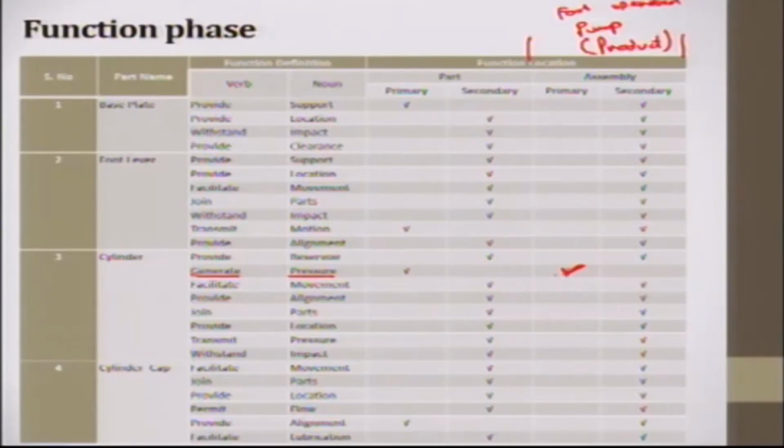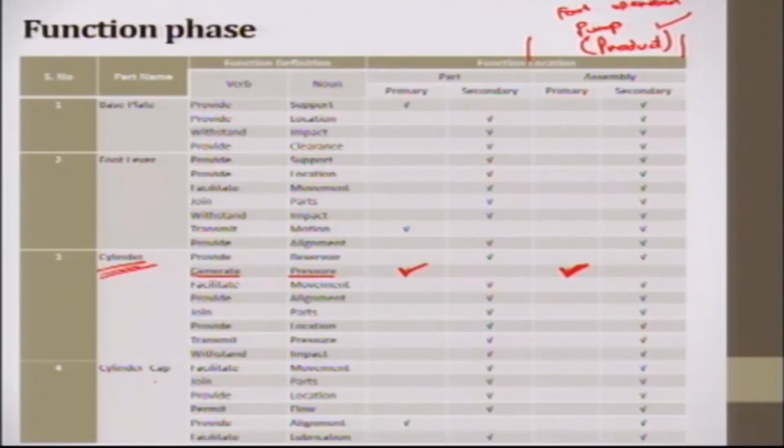And if the primary function of the product exists in a component here, it would be the primary function of that component. This is for sure. So we cannot have generate pressure here as a secondary function, because generate pressure is the primary function of the product for which the product is being made. So this should be the primary function of our component which has this.